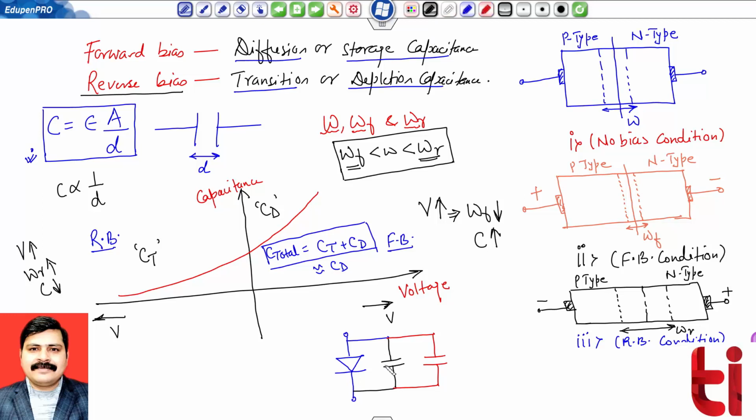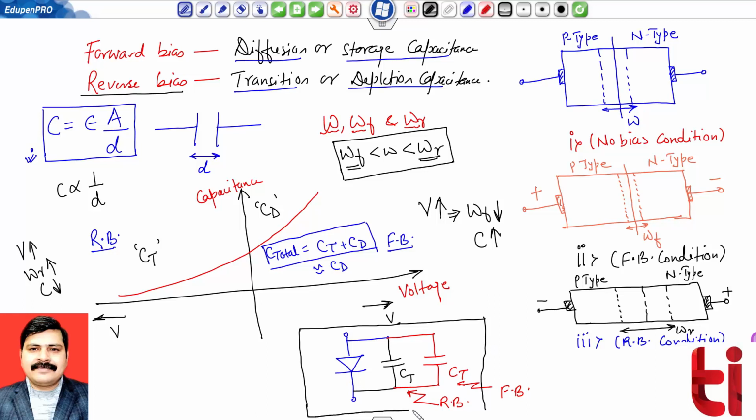Okay, so this is my CT and this is my CD. This is just because of forward bias condition, and this is reverse bias condition. So this finally indicates my overall representation of diode with the inclusion of capacitances.